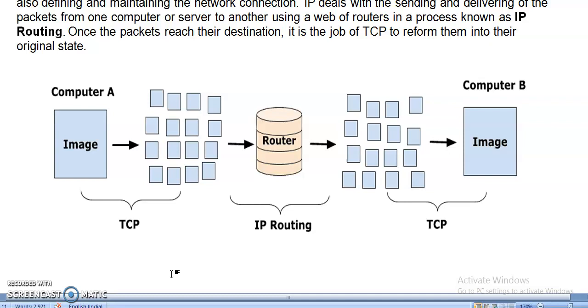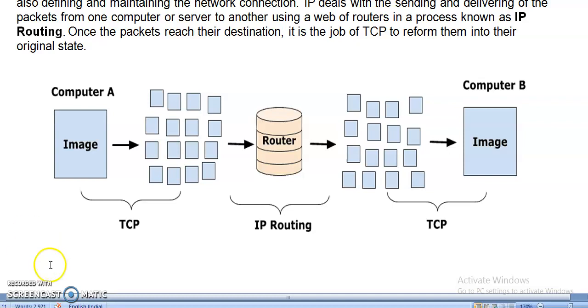When they reach the different network and the destination computer, all the packets will be arranged and the final output will be formed in the destination computer.